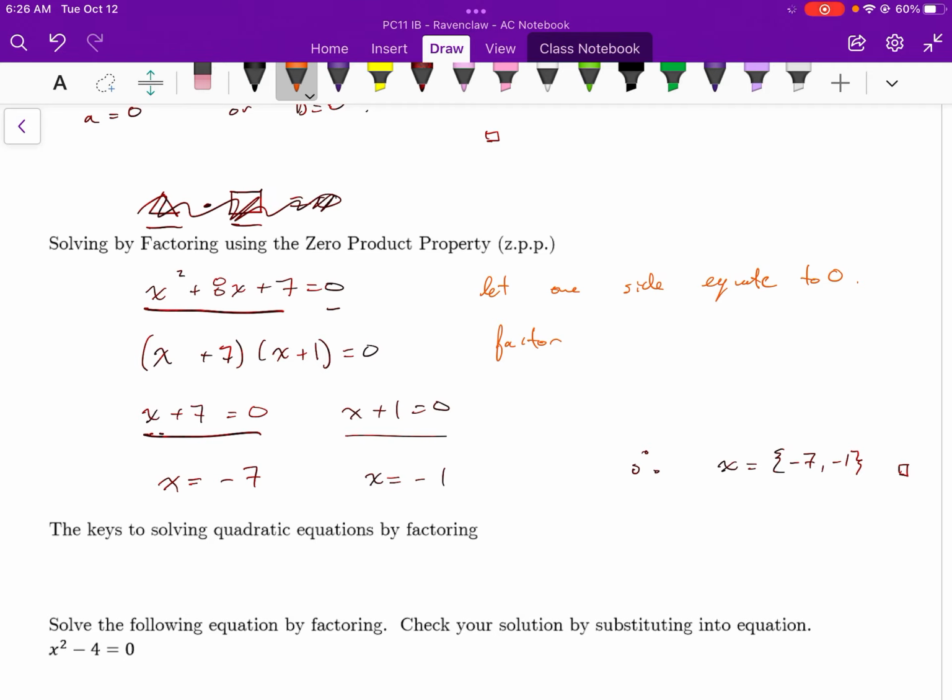Some things aren't factorable as we'll see, which will give us some more headaches. But if you can see a way to factor, this would be good. And then the next step is just equate each factor to 0. And that's all there really is to it. And the last step is to solve each factor.